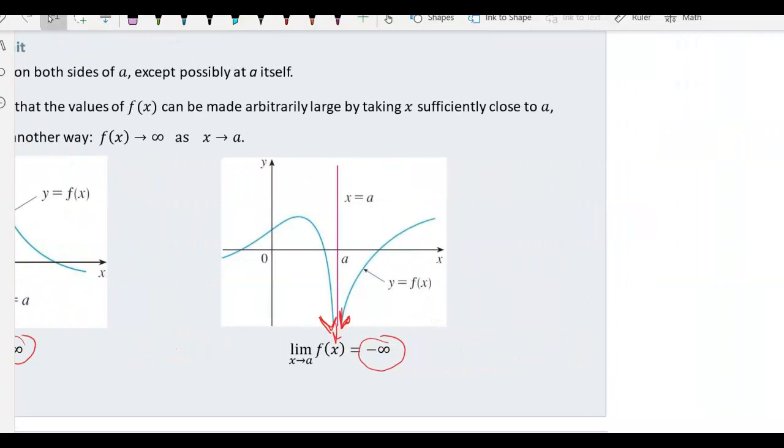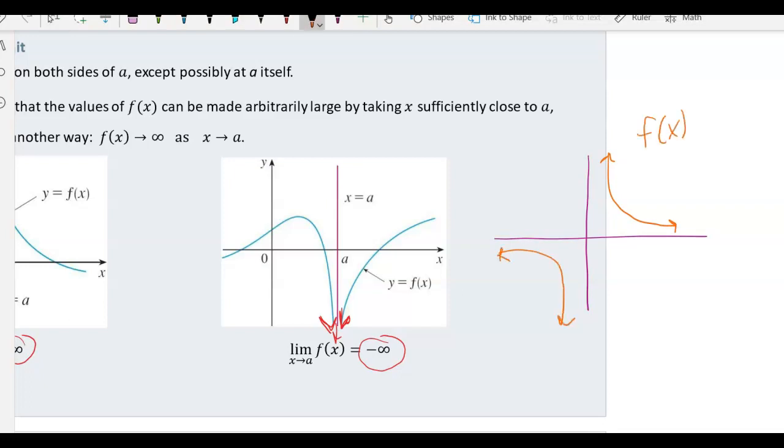However, I don't have a picture, I'll draw one. However, if I had a function that looked like this, a traditional rational function, I'll just draw a simple one. This is the function f of x equals 1 over x.